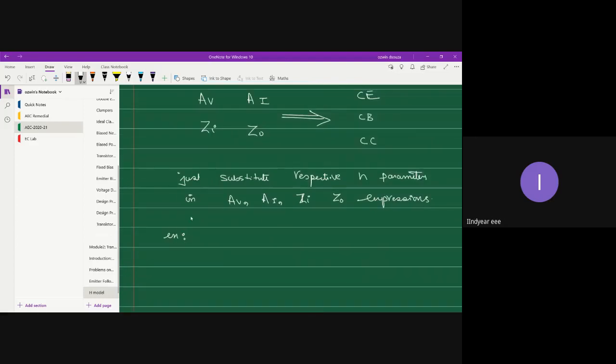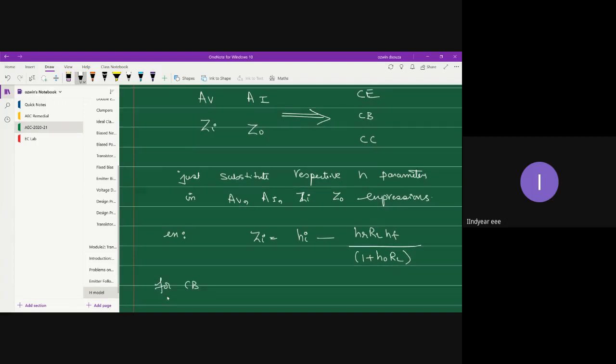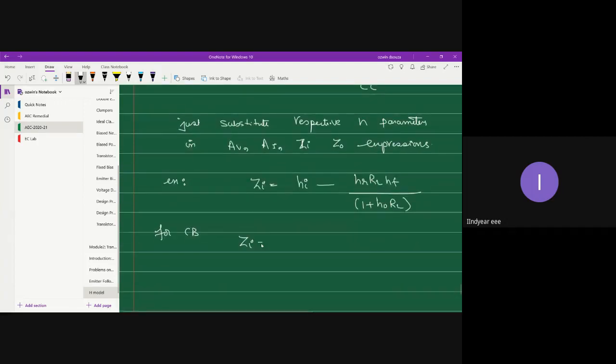For example, let me take. You had obtained, say for example, Zi as Hi minus HR RL HF divided by 1 plus H naught into RL, right? So for common base configuration, this Zi becomes HIB minus, in place of HR, you have HRB.